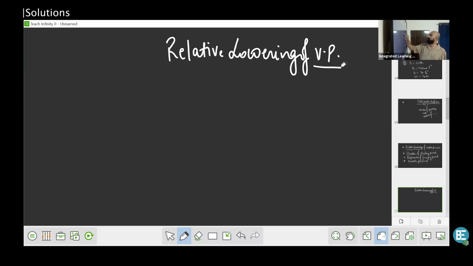So relative lowering of vapor pressure is basically, you have learned PS is equal to X solvent into P naught. Do you remember this one? From 5 minutes earlier, we did that. PS is equal to X solvent into P naught.